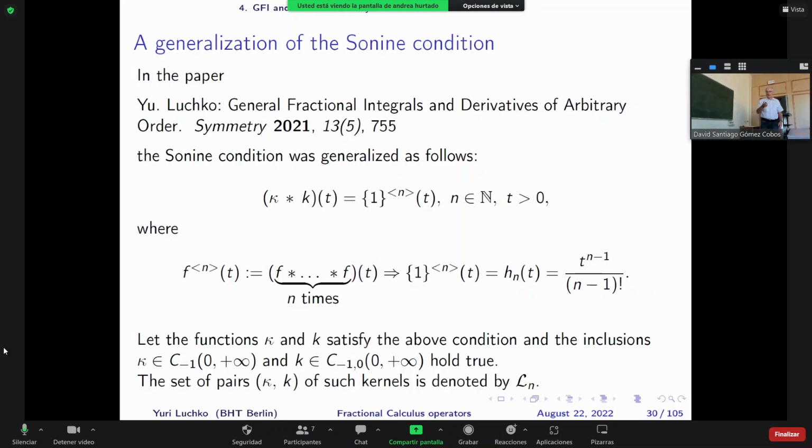Hello everybody. Today we continue my talk. As you remember, yesterday I already introduced a special set of the Sonian kernels and the so-called general fractional integrals and derivatives with these kernels.